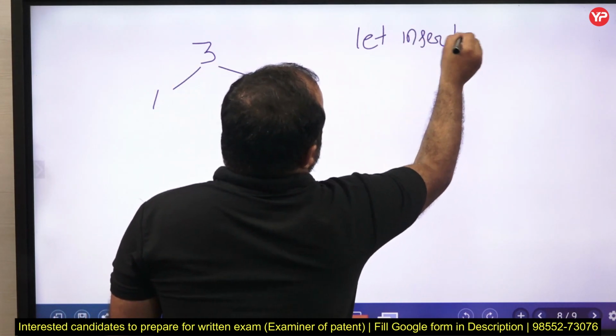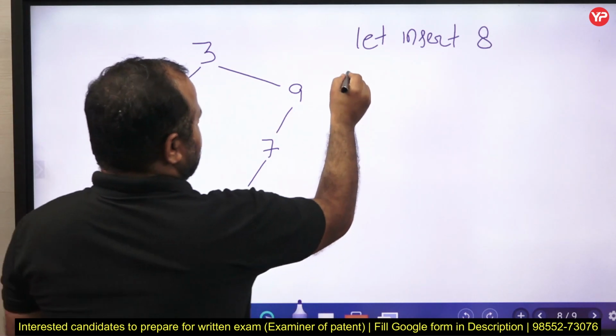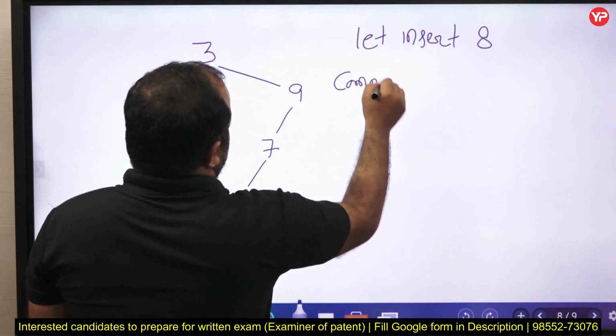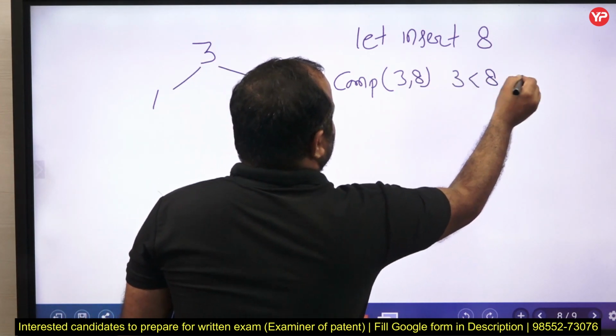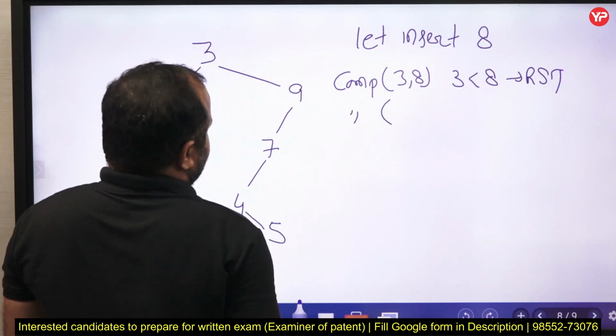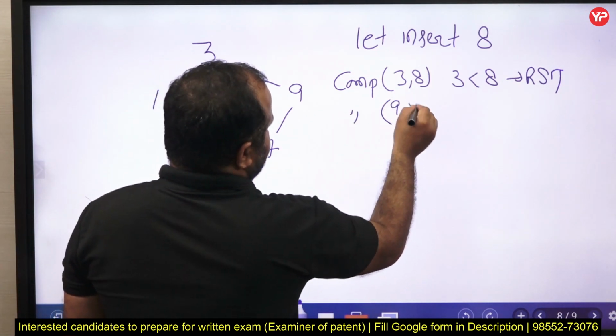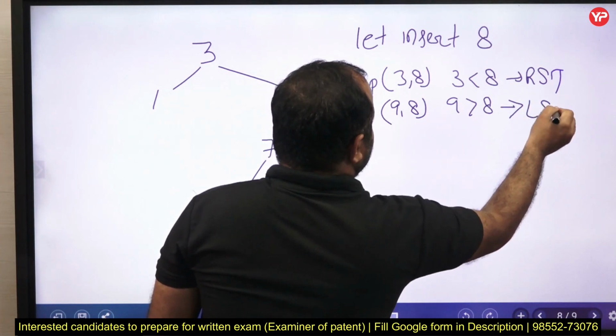Let's insert 8 in this output. Fine. So again you need to compare 3 and 8. As 3 is less than 8, move to the right subtree. Then compare 9 and 8. As 9 is greater than 8, move to the left subtree of 9.